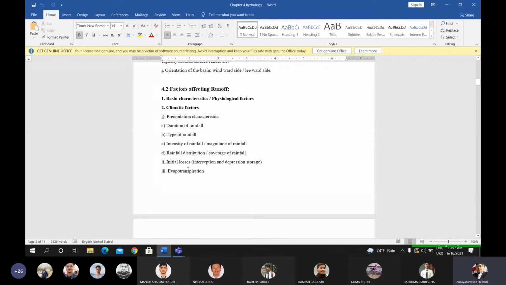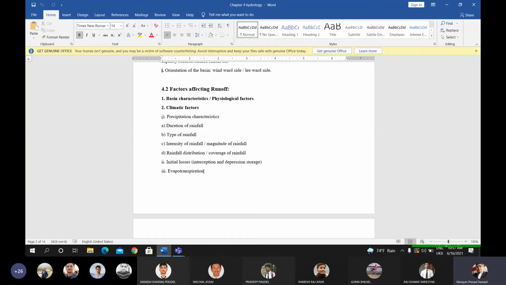Okay, and initial losses. If the soil is very dry, or if there is a lot of depression storage in the area, then this depression storage or interception loss may use the water before it starts flowing towards the river.